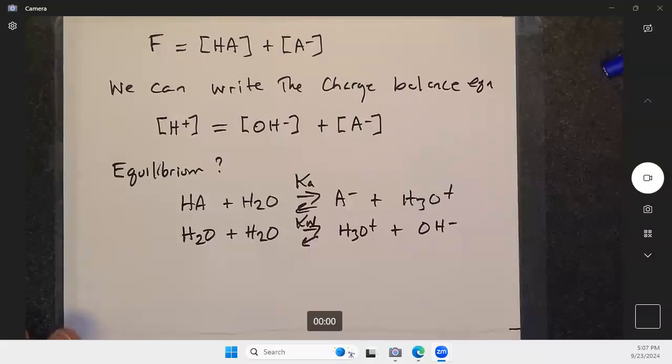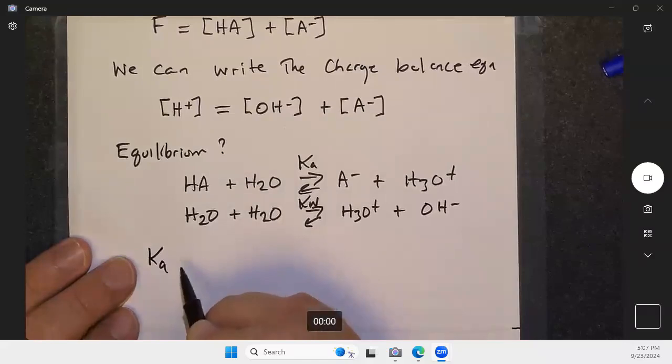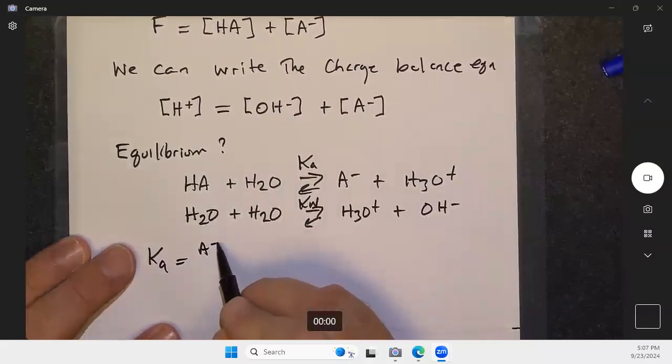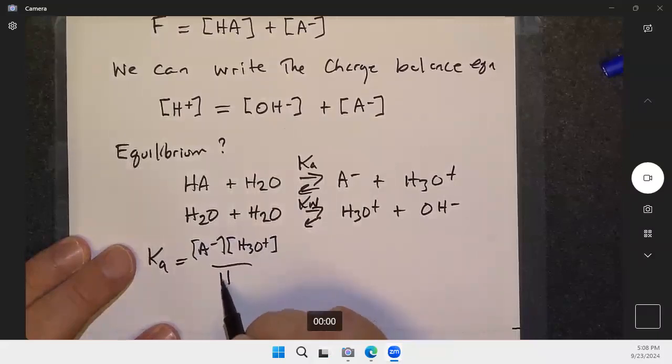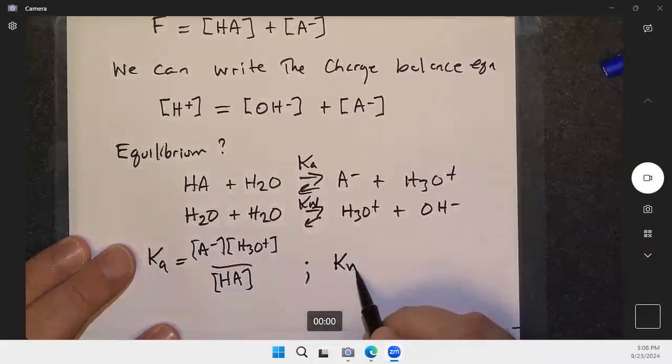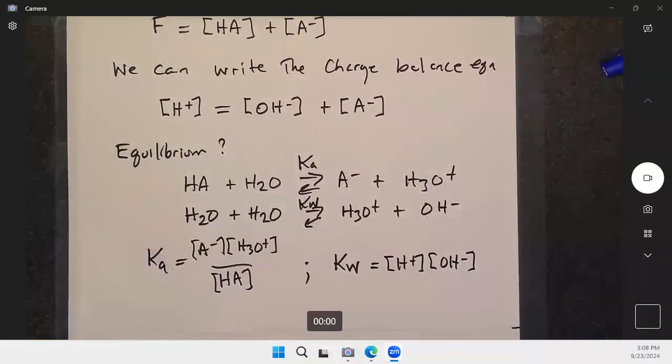So we also know that Ka is equal to A minus times H3O plus over HA, and KW is H plus times OH minus.